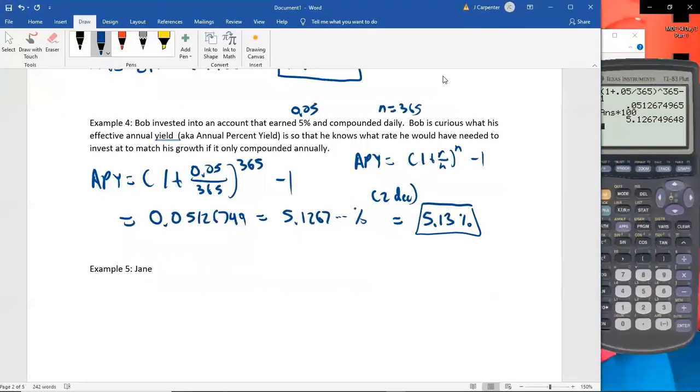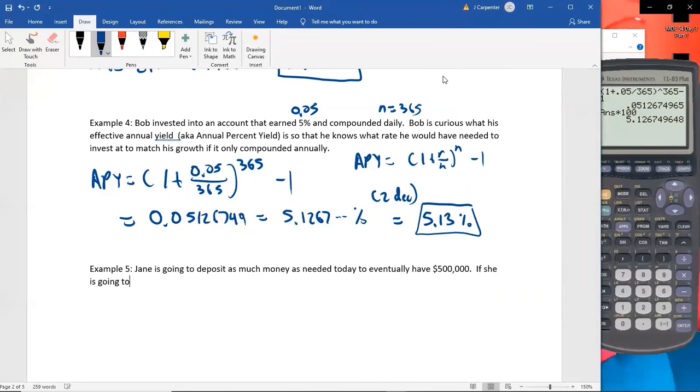So example 5. We haven't talked about Jane. Let's talk about Jane. Bob and Jane, good friends. So Jane is going to deposit as much money as needed today to eventually have $500,000.